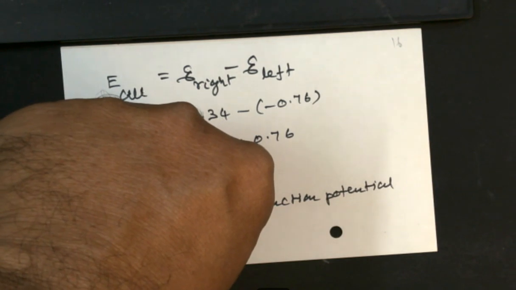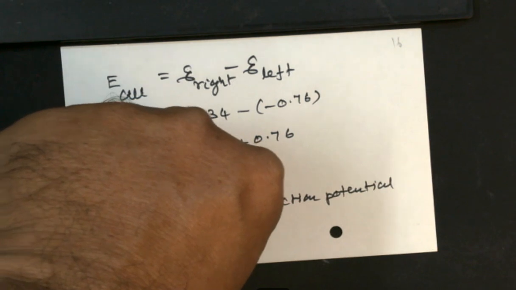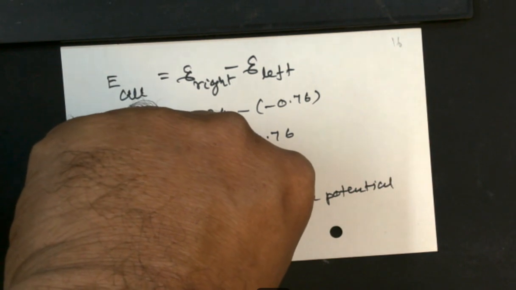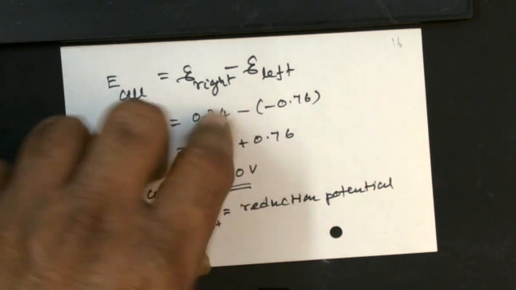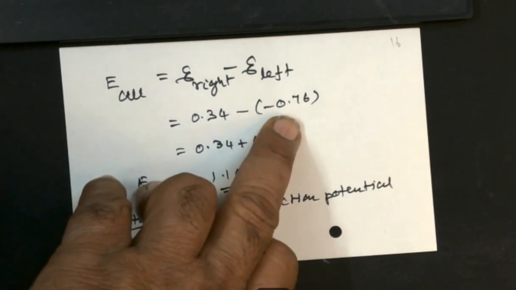Okay, if you have got two values, E1 and E2, and E1 is less than E2, it means E2 acts as cathode and E1 is anode. Do you understand? And among these two values, minus 0.76 is lower.